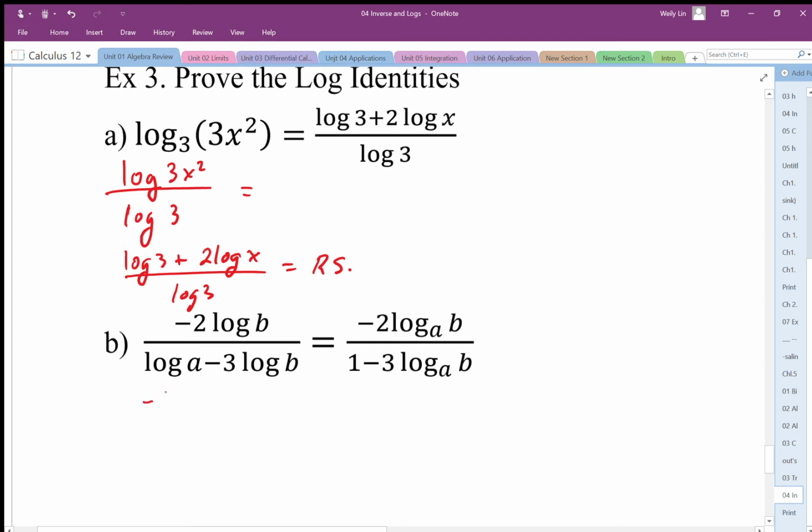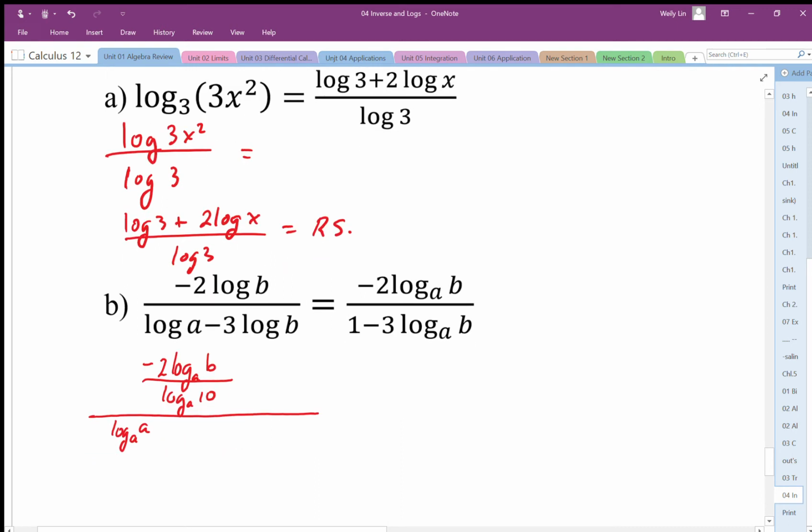So negative 2 log base A of B, that's exactly what I want. But then I'm going to generate log base A of 10. I don't really want that in there, but hopefully this changes things. Log base A of A, which is 1, but then I have log base A of 10, minus 3 log base A of B over log base A of 10.